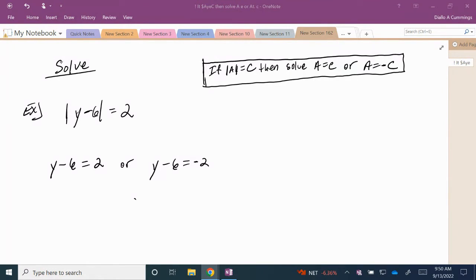So if we take a look at the equation on the left-hand side, y minus 6 is equal to 2. I'm simply going to add 6 to both sides. Right, I'm going to bring down y. The 6's are going to cancel, and then 2 plus 6 is 8. So one of my solutions is 8.